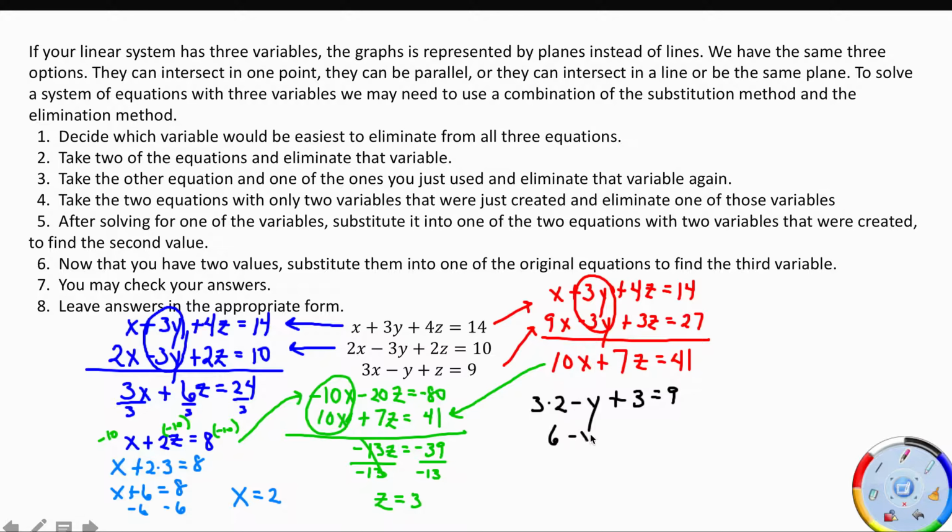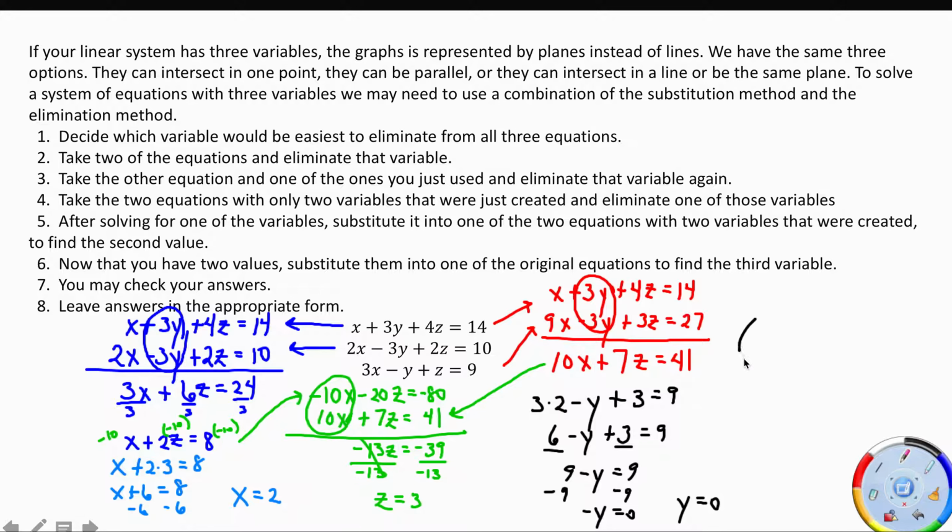So 6 minus y plus 3 equals 9. 9 minus y equals 9. So minus y equals 0. So y equals 0.